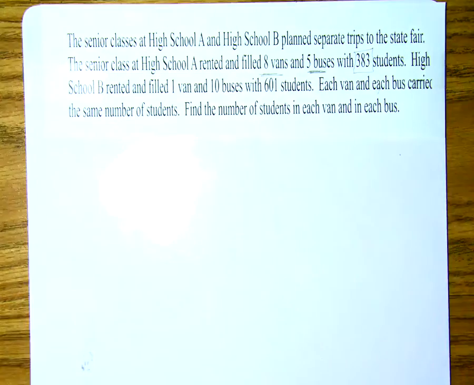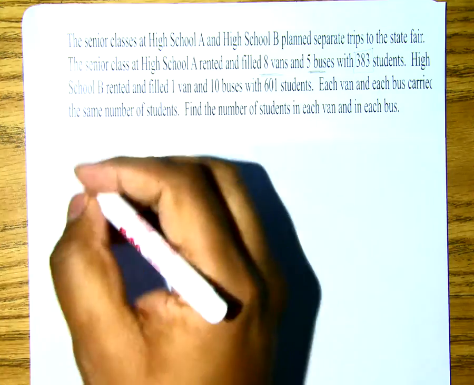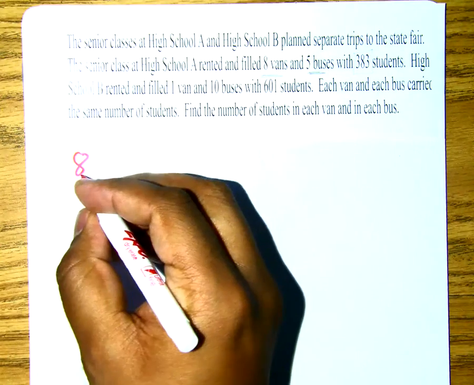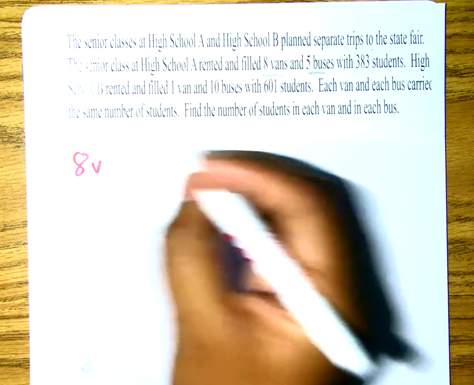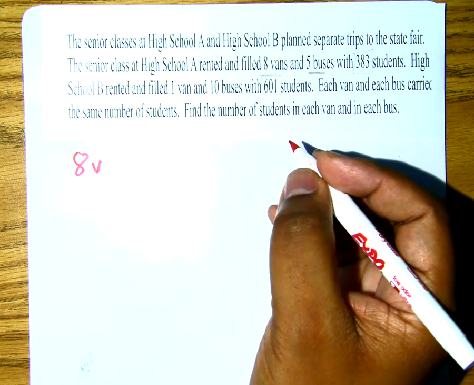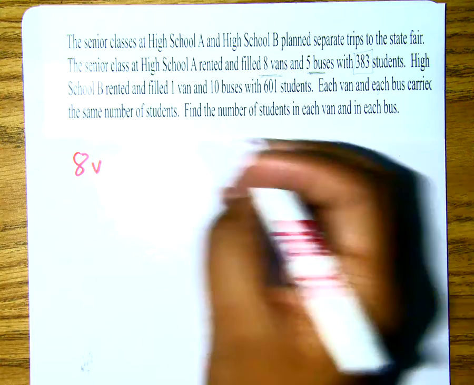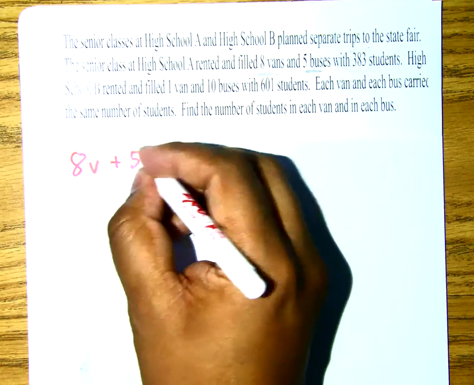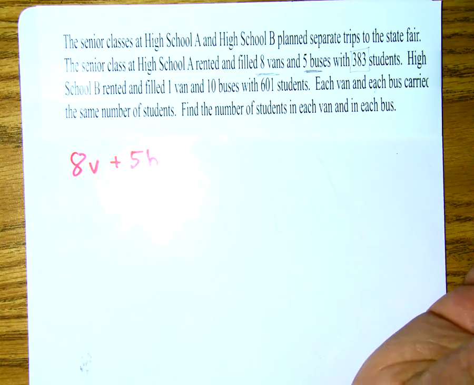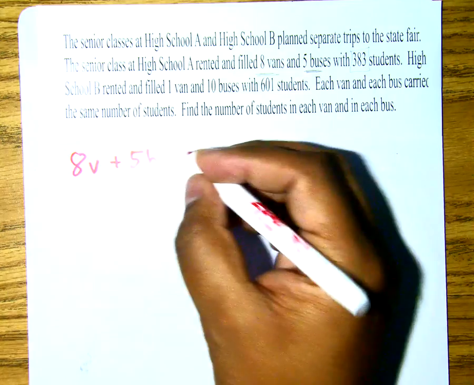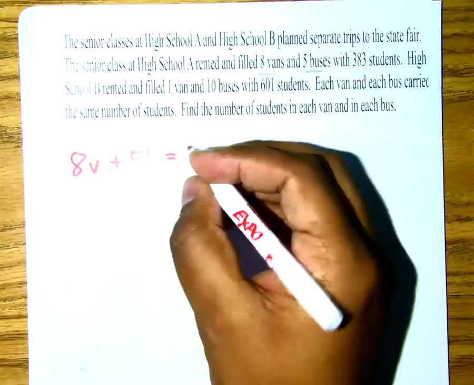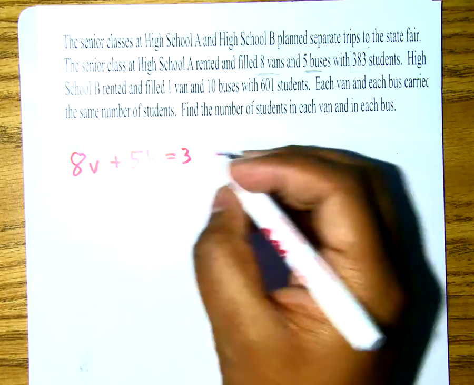Now I'm going to use V for vans and B for buses. So if I take my 8 vans filled with people and take my 5 buses filled with people, the total there is going to be equal to 383.